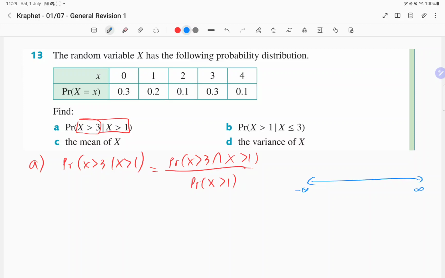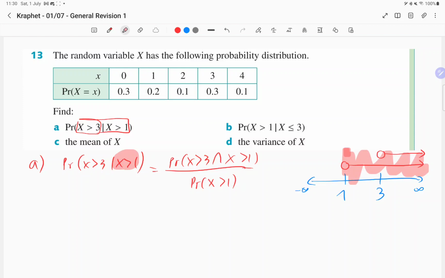If they restrict, given x is more than 1, let's say 1 is here, we are restricting the domain to only be strictly on this side. It doesn't include anything less than 1. And now we find the probability that it is more than 3. So more than 3 is this section here. It's like saying, what's the area of this part divided by the area of this part?